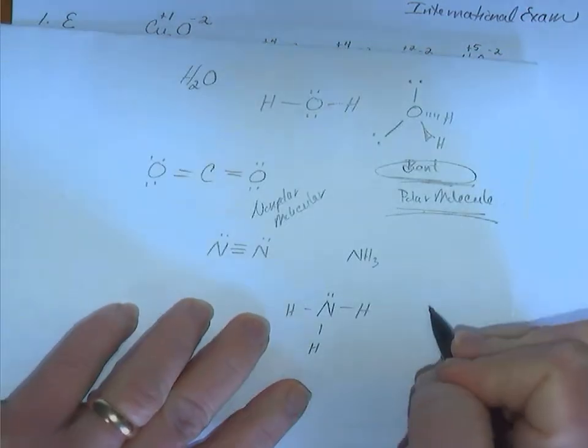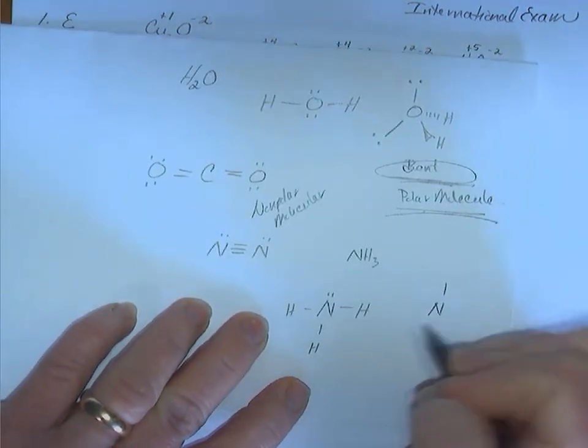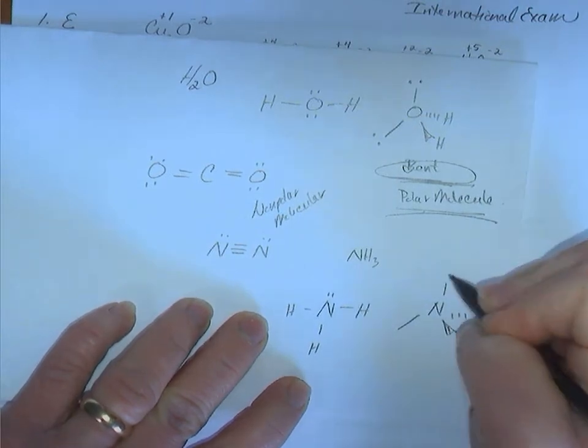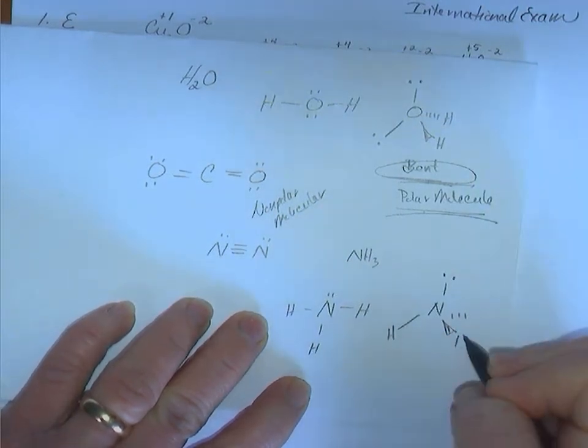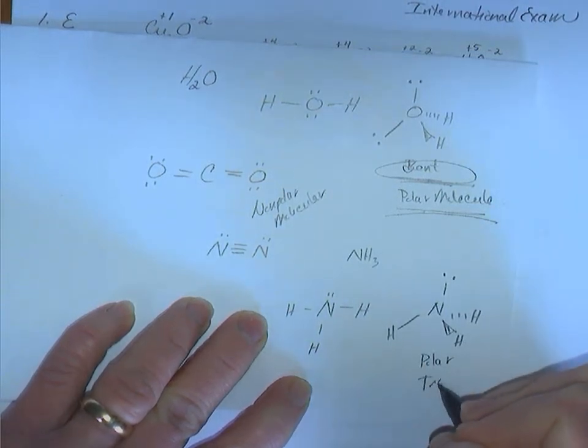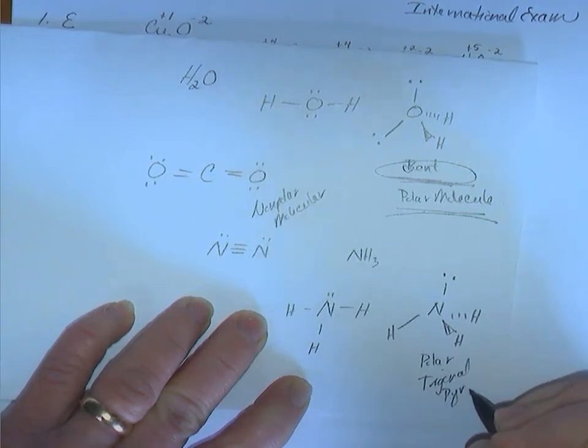The electron geometry, just like with water, would be tetrahedral, but because of that 1 lone pair, the molecular geometry is trigonal pyramidal. This is a polar molecule.